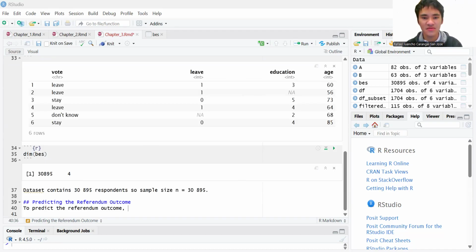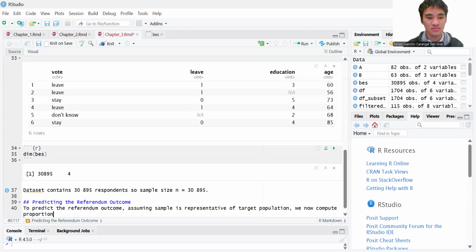Well, assuming the sample is representative of the target population, that's the assumption, we now compute proportions of individuals' characteristics in the entire target population.